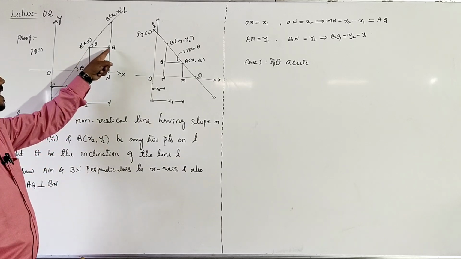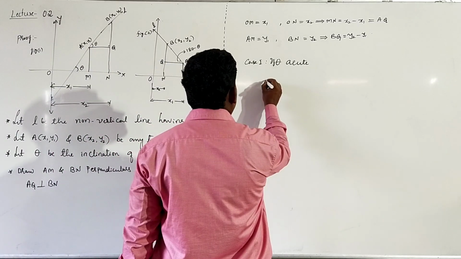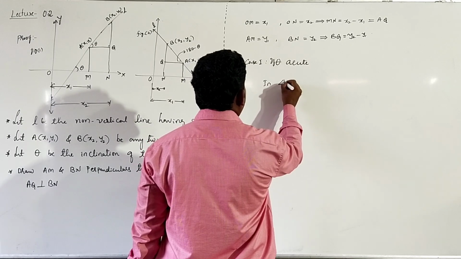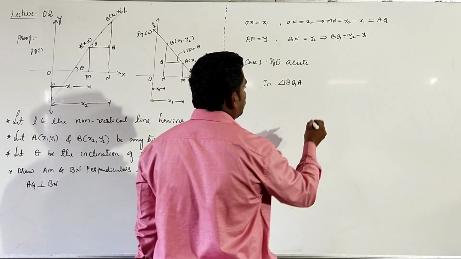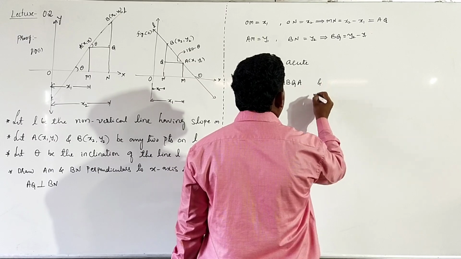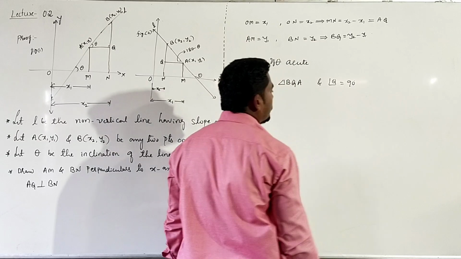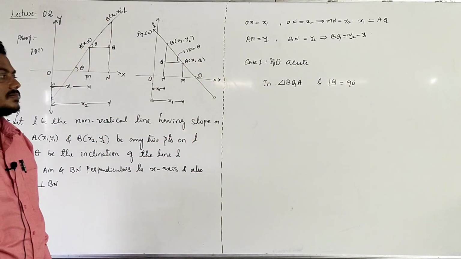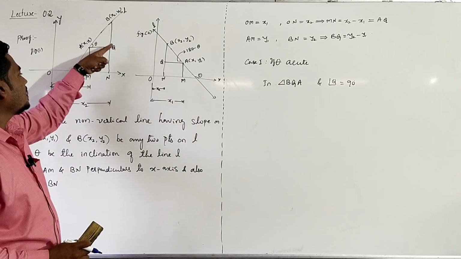BQA. Clearly triangle BQA is a right angle triangle. In triangle BQA, angle Q is equal to 90 degrees, right? Now look at triangle BQA.